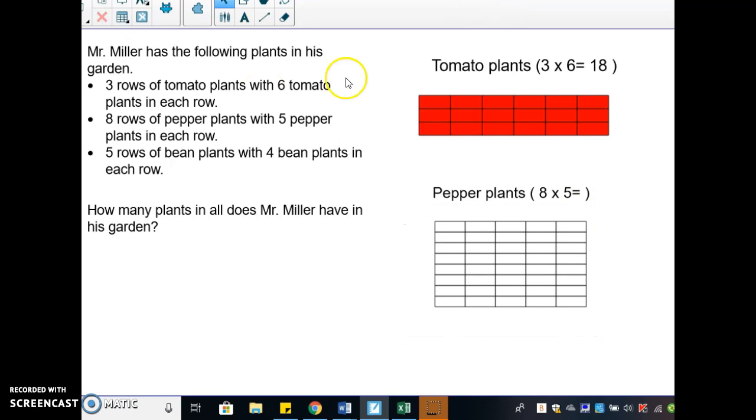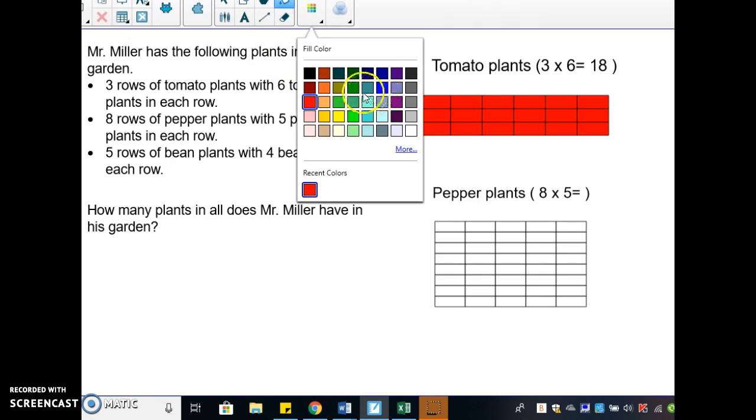And because they're peppers, peppers usually are green, so I'm going to just use green this time to help myself. I just want to make sure I have 8 equal groups of 5. Yep.